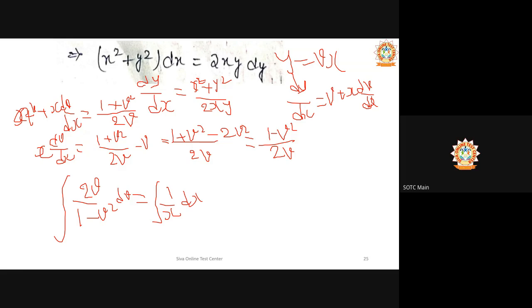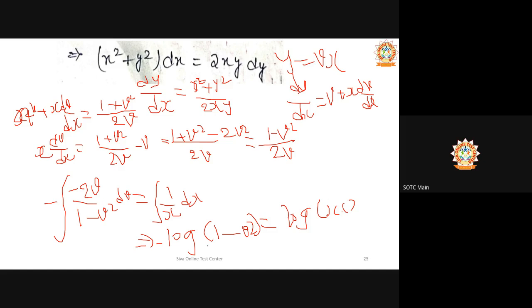So integration of 2v by 1 minus v square. If you multiply by minus, the denominator is 1 minus v square, and if you take the derivative of this, it will come minus 2v, that is there in the numerator. So now it will become minus log 1 minus v square is equal to log of xc.